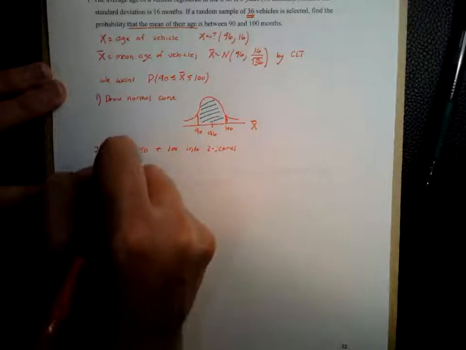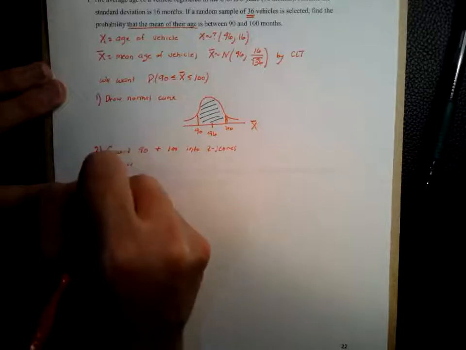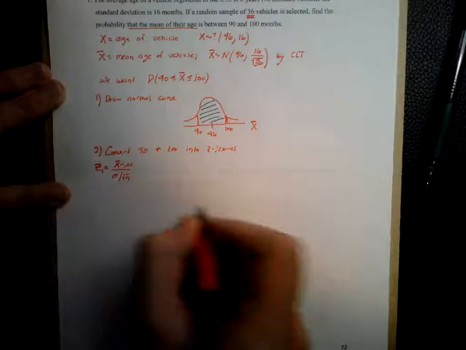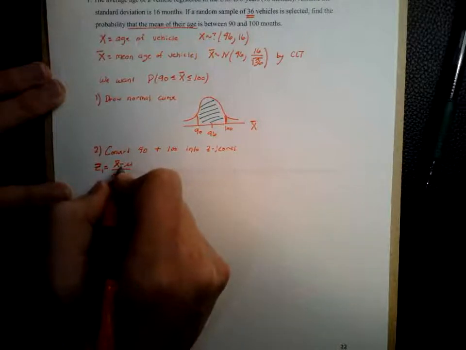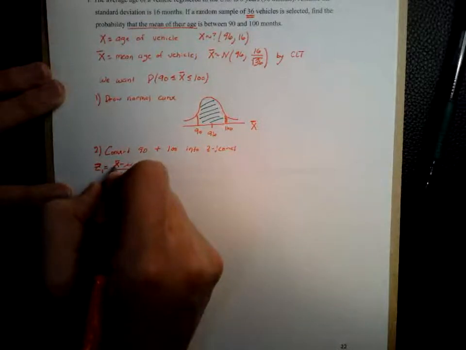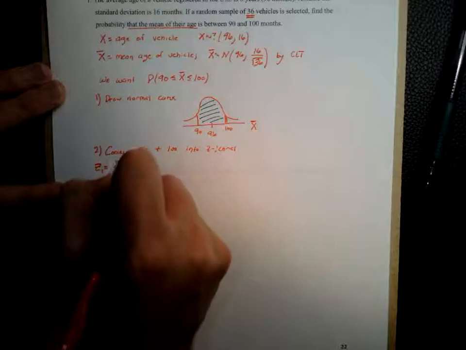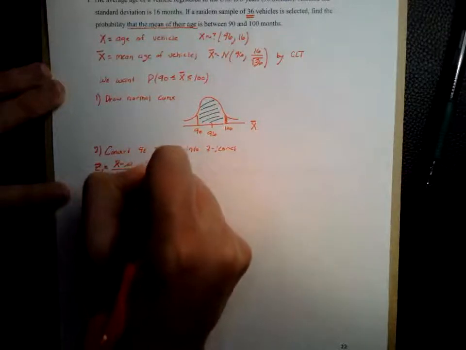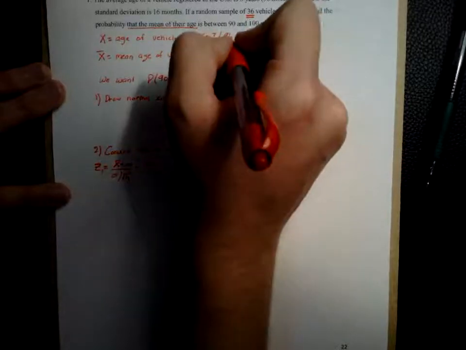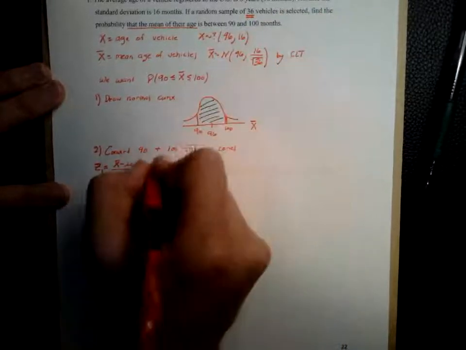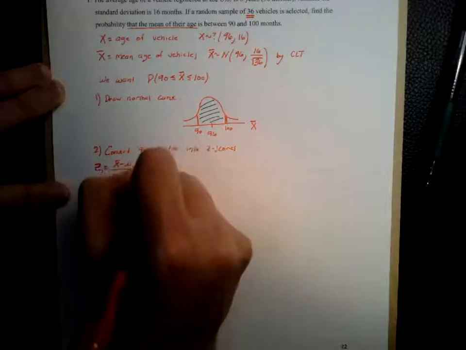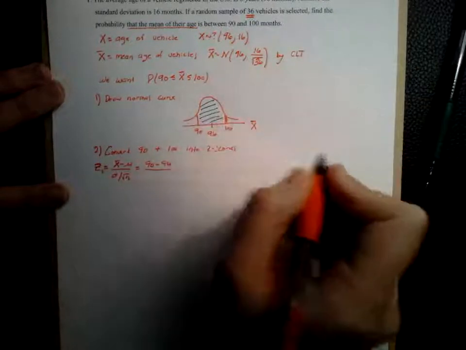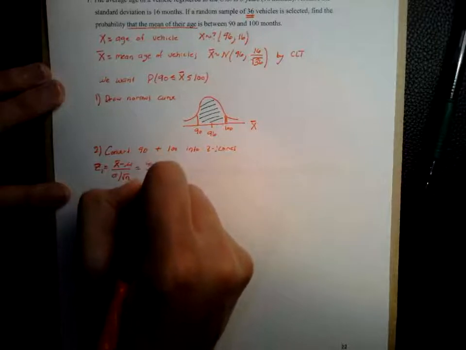It's x bar minus the overall mean mu, divided by sigma over the square root of n. I'm writing this to emphasize what the actual sample mean we're looking at is. In this case, it's the first sample mean of 90. We're subtracting off the overall mean of 96, and then dividing by the corresponding standard deviation of 16 over the square root of 36.